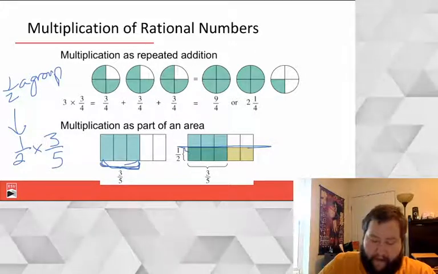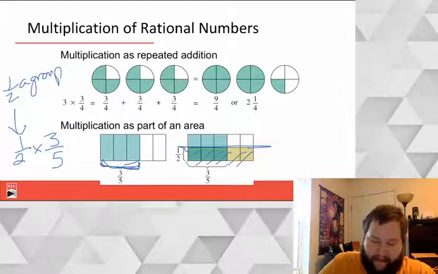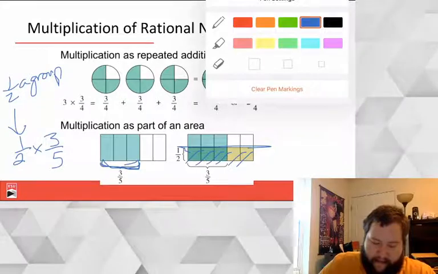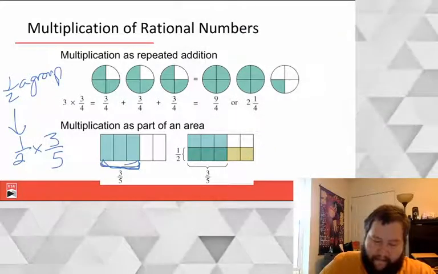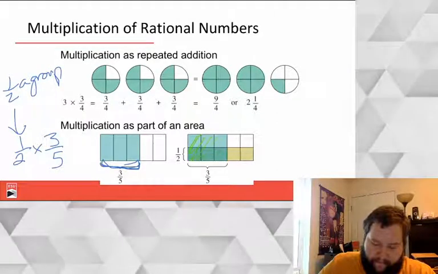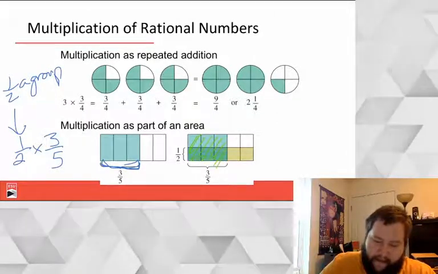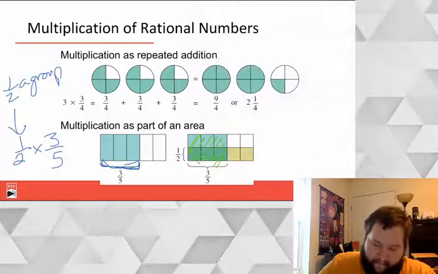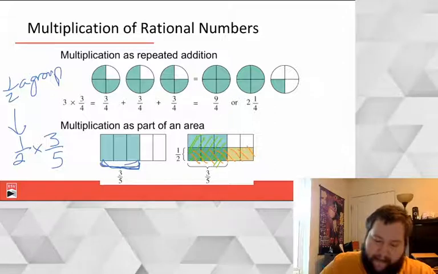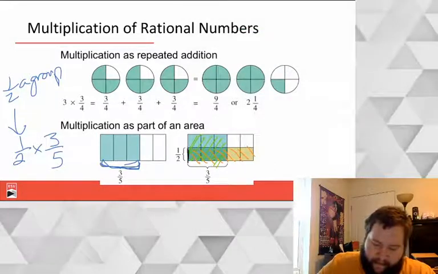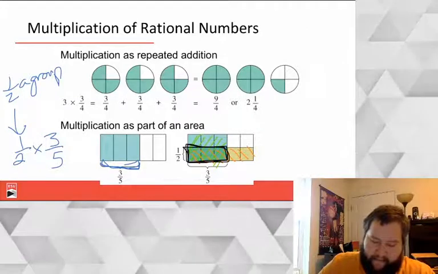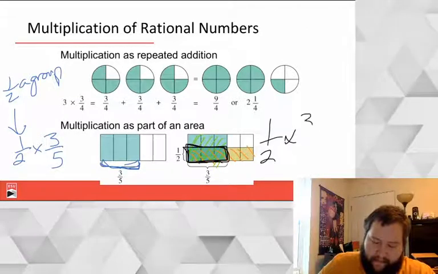and that's why that bottom half is shaded. So first we have our 3/5, and then we took our half and shaded that, and that piece that was common to both, the part that's doubly shaded, represents our product, 1/2 of 3/5.